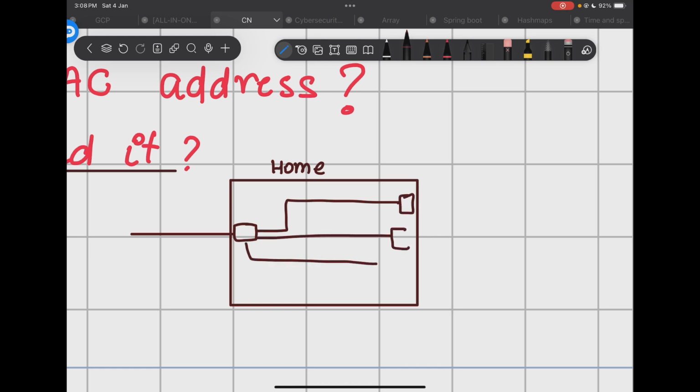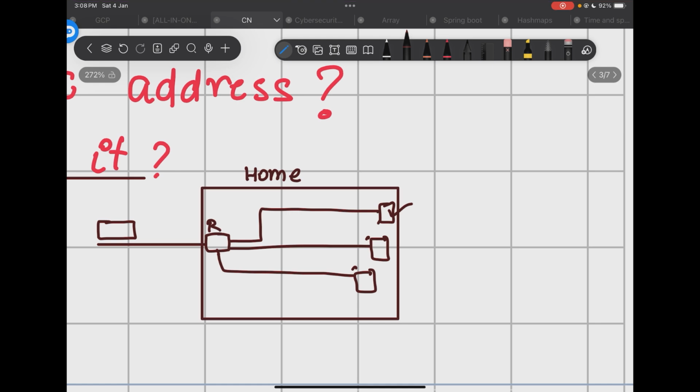Imagine some confidential information that is intended for this computer only is received by the router. Now the router is responsible for forwarding it to you. How can the router differentiate between this device and this device? Well, exactly. Without MAC addresses, it cannot.